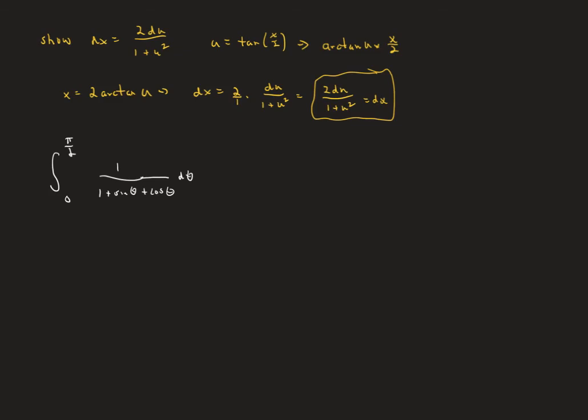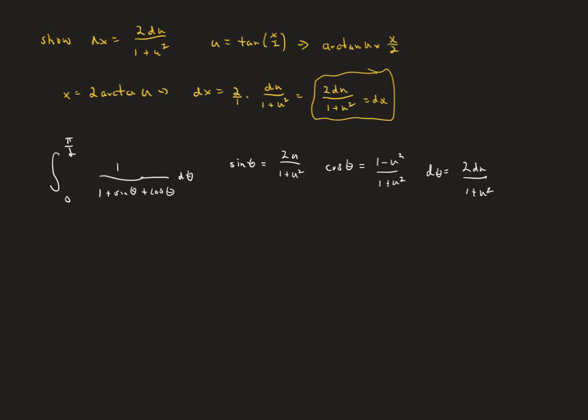So we are going to say that sine of theta is going to be 2u over 1 plus u squared. Our cosine theta we are going to replace by 1 minus u squared over 1 plus u squared. And the d theta, that's like our dx, we're going to replace by 2 du over 1 plus u squared.